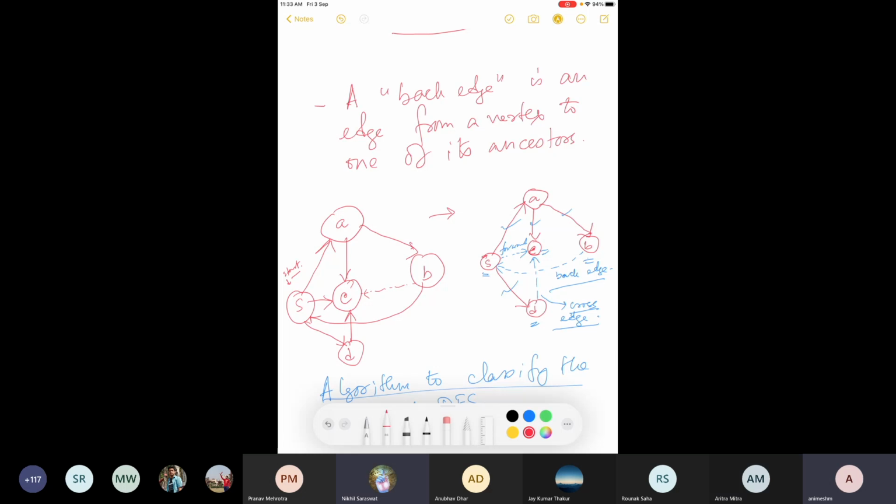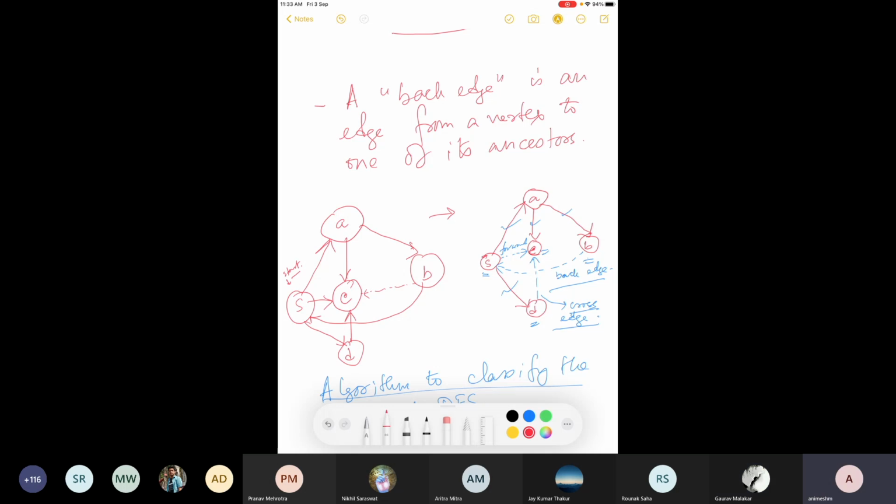A cross edge? Why cross edge? B and C are children of A. A back edge? No, it will not be a back edge. It's a descendant of B, and it is a non-tree edge, so a forward edge. But C is not a descendant of B, right?